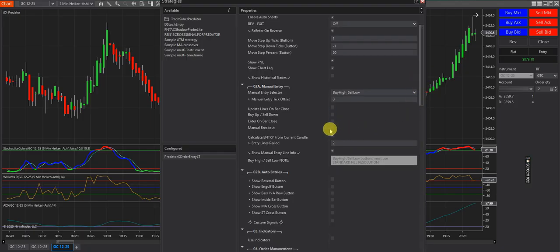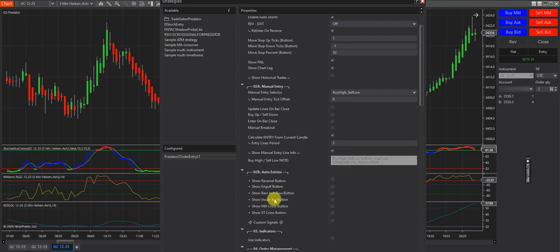You can decide whether you want to wait for the bar to close before you enter a trade, or you can set a limit order. Let's say you go into a long trade, you can set the limit order at the previous high. If you go into a short trade, you can set it at the previous low. So when it breaks that previous candle's low or high, it will enter a trade rather than just entering at market.